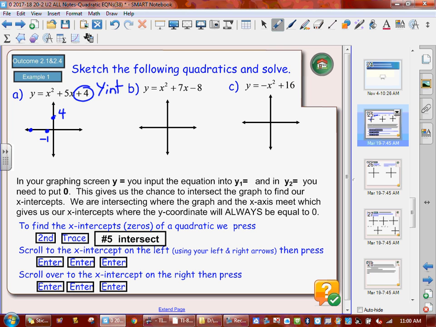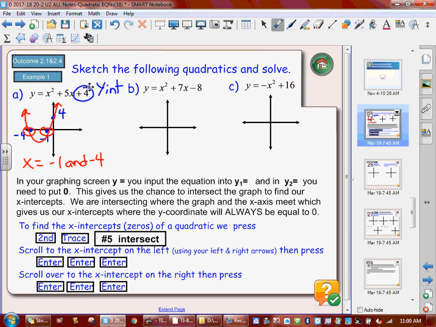Now all I've got to do is connect those dots. So my graph is going to come down and then go back up. That's what my graph looks like. And now I'm going to say x equals -1 and -4. Those are my x-intercepts. So when you solve for x, we're literally solving for where it touches on that line. That's what we've solved for. Okay?